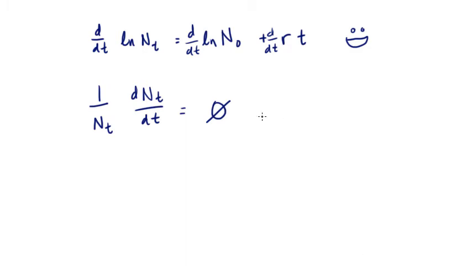And the derivative of rt is just r, and so our equation depicting exponential growth has become 1 over n sub t dn sub t dt is equal to r.